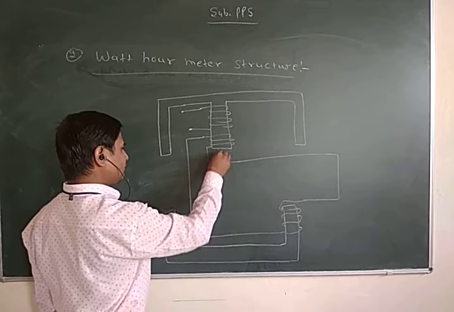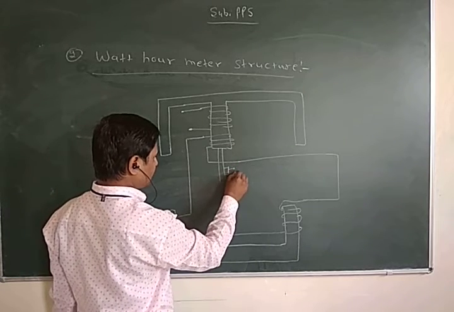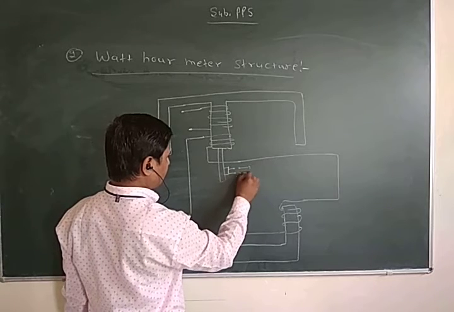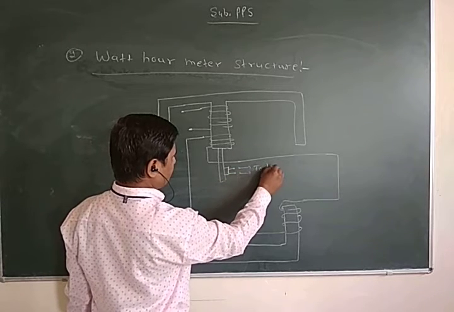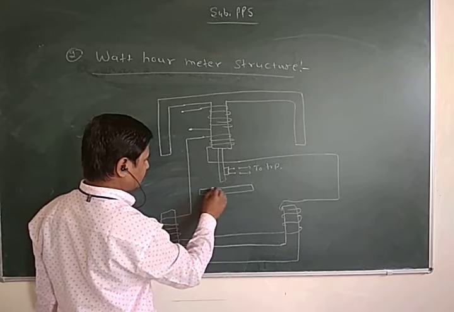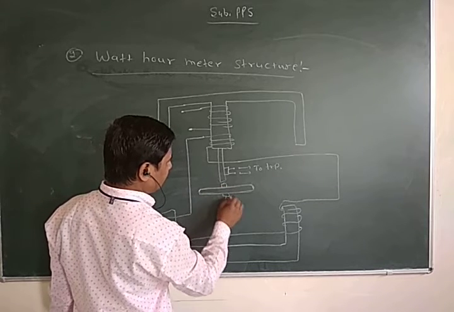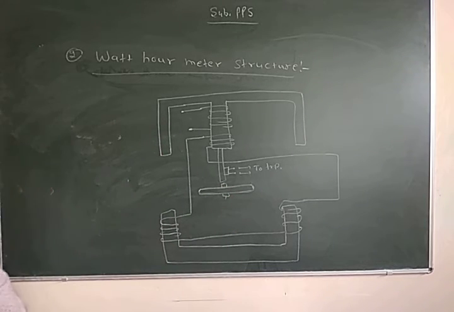In between them we insert an aluminum disc which can freely rotate. So this is the watt-hour meter structure.